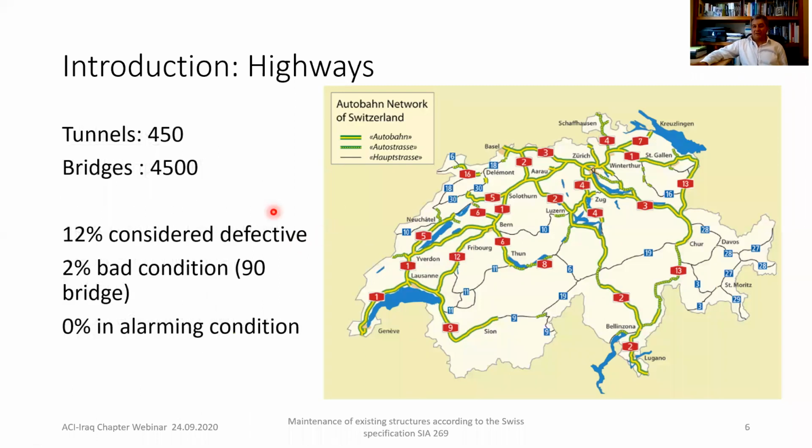We have about 450 tunnels and 4,500 bridges on highways. 12% of them have some defects.